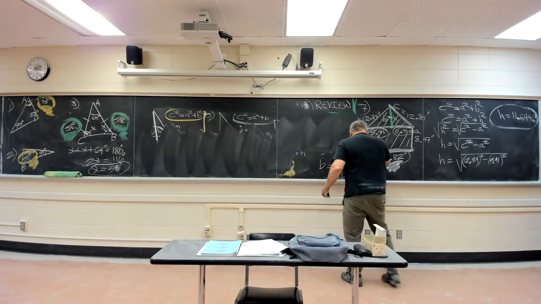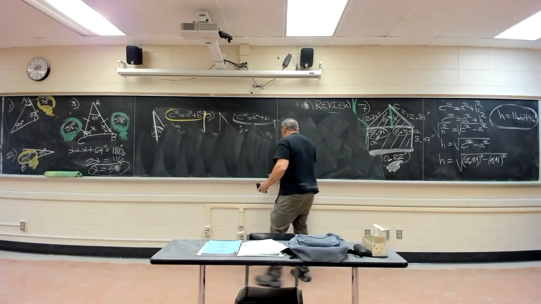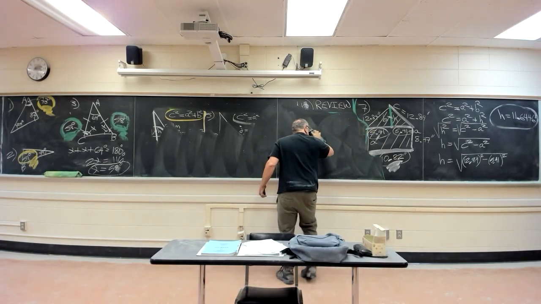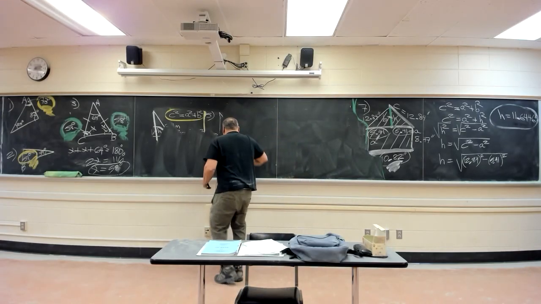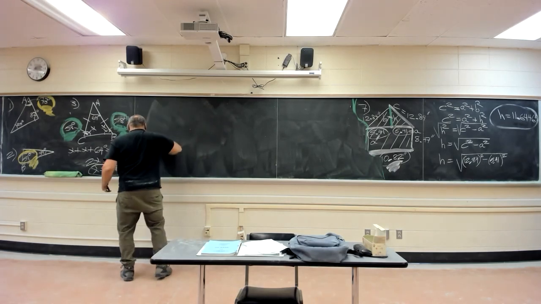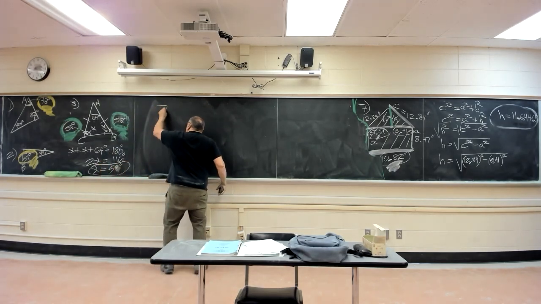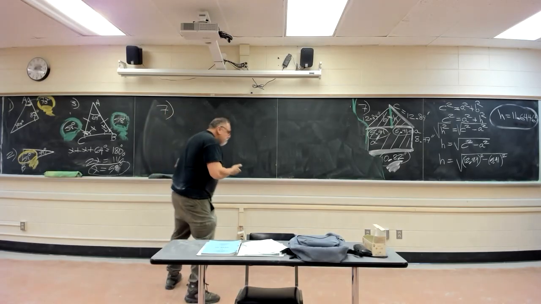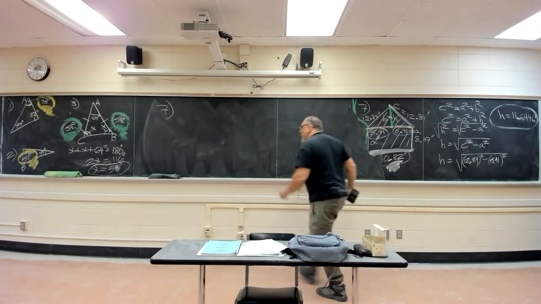For number 7, let's get the area of the triangle above everything there. The thing that's above everything there is the triangle. And then let's get the area of the rectangle, and let's add the two areas. So here we go. We got over here for the 7, the total area.